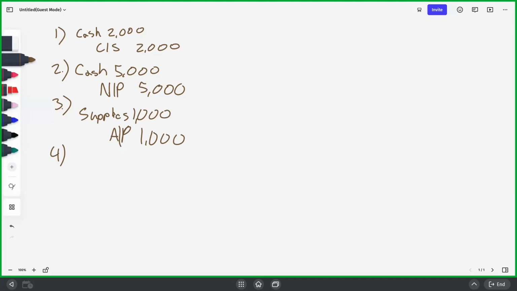So what if we purchased land for $3,000, paid $800 down, and borrowed the rest by issuing a $2,200 one-year note? Land is debited. Cash is credited.